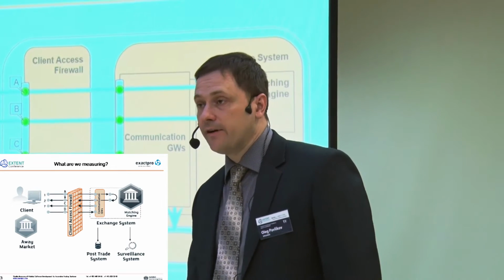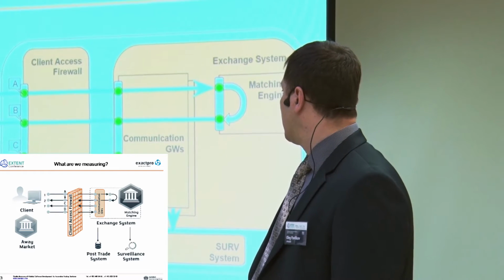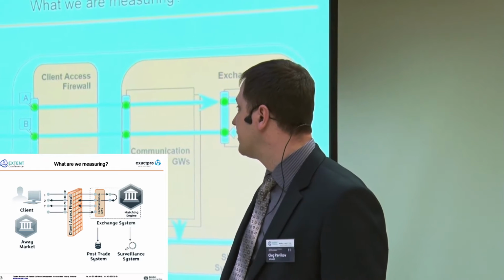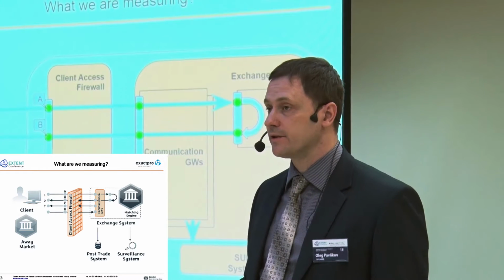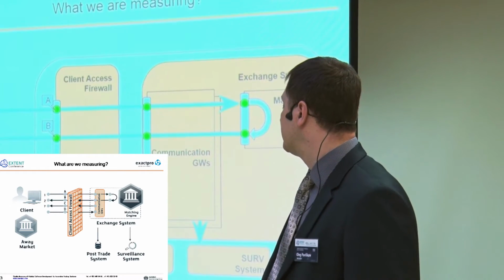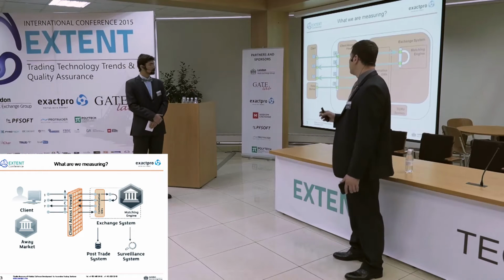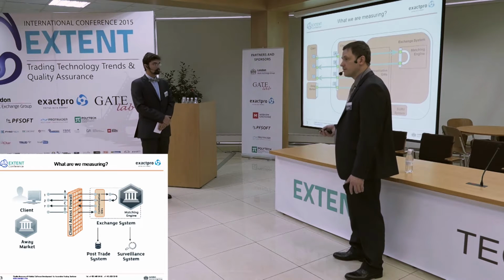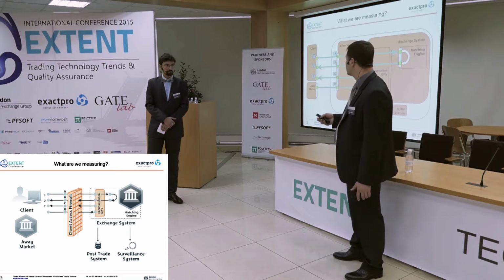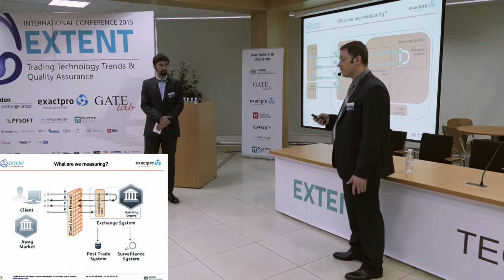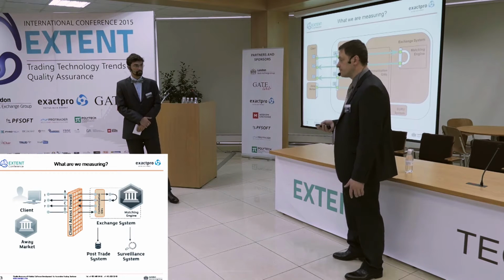To get fair values for these metrics, we have to exclude several delays related to an application on the user side. Yes, we have to exclude delays related to transmission to and from external clients or venue, and we also have to exclude the latency of clients' or venues' own systems.